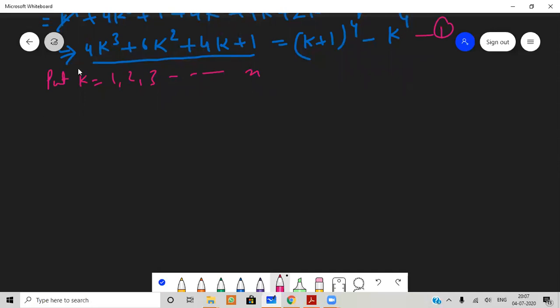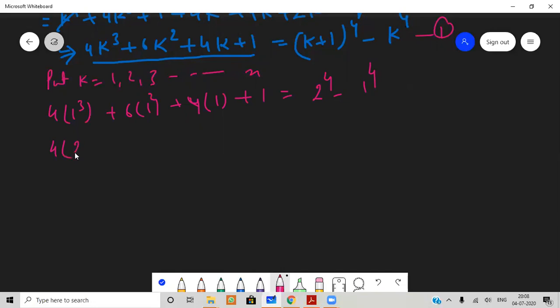If I put k equal to 1, I get 4 into 1 cubed plus 6 into 1 squared plus 4 into 1 plus 1, which is equal to 2 to the power 4 minus 1 to the power 4. Simple. Now put k equal to 2: 4 into 2 cubed plus 6 into 2 squared plus 4 into 2 plus 1 is equal to 3 to the power 4 minus 2 to the power 4.